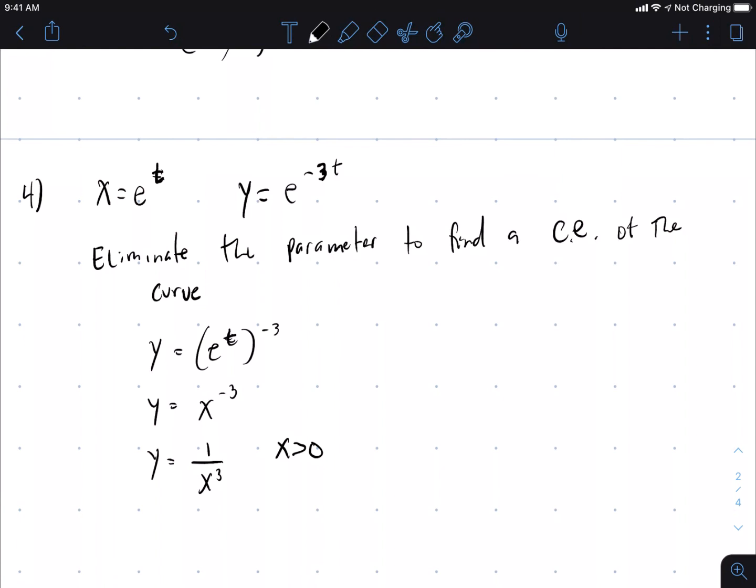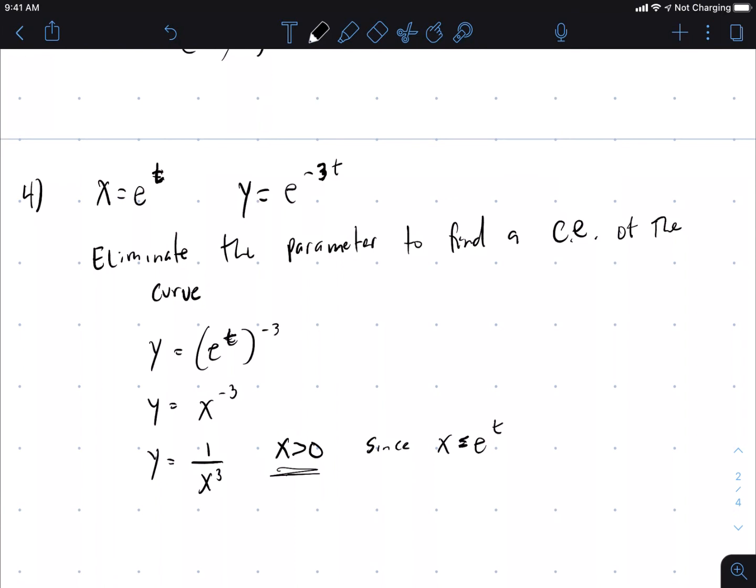Since x is equal to e to the t, when is e to the t ever negative? Never. So that means x isn't going to be 0 and it isn't going to be negative. So the restriction on our x means it has to be greater than 0. Does that make sense? Yeah.